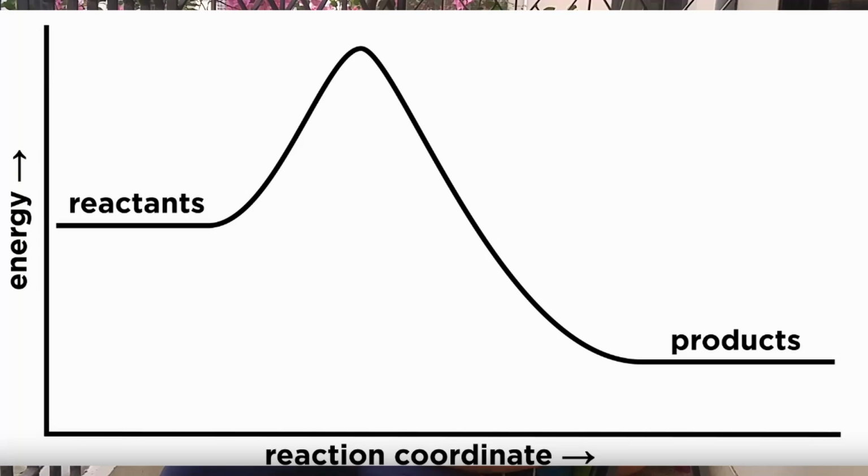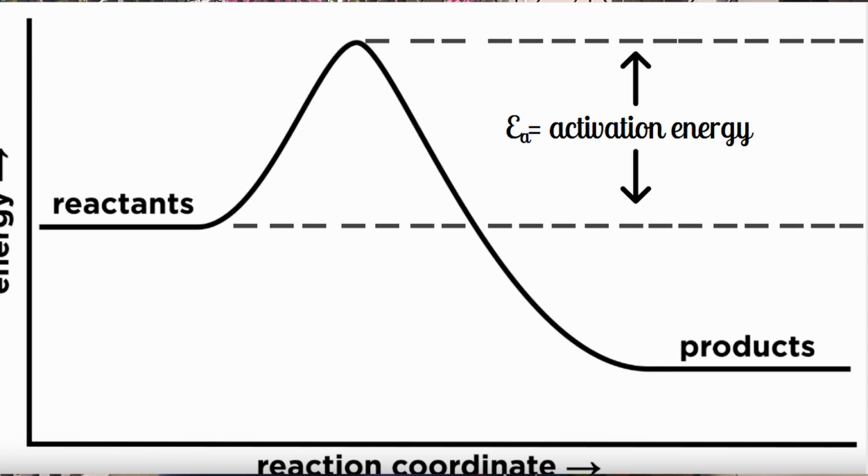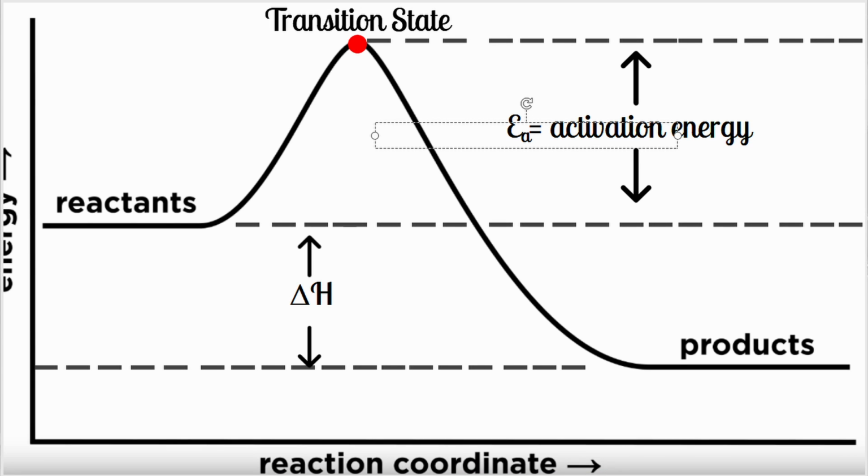As for energy, let's refer to a diagram. Now here, higher up in the y-axis is energy, and further along the x-axis is further in time. And as we can see here, there is an activation energy, and it's just over the transition state.